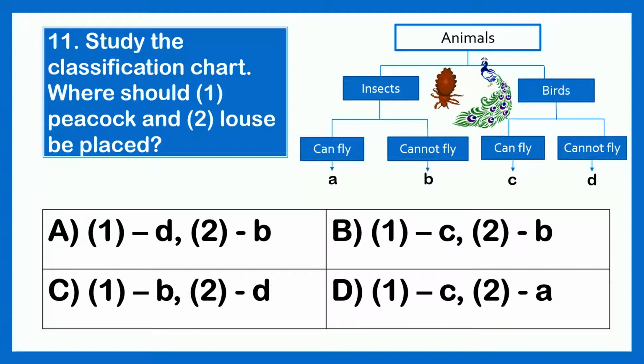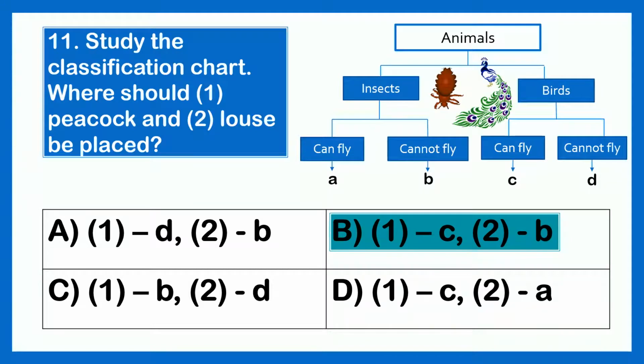Peacock is a bird that can fly, so it will come in C. And louse is an insect that cannot fly, so it will come in the group B. So therefore the answer is option B, 1, C and 2, B. Peacock is a bird that can fly. Louse is an insect that cannot fly.